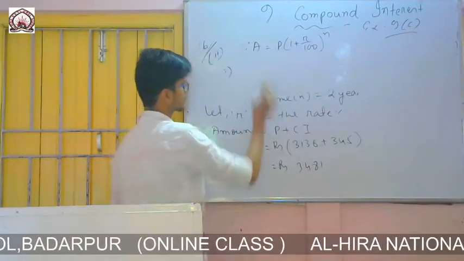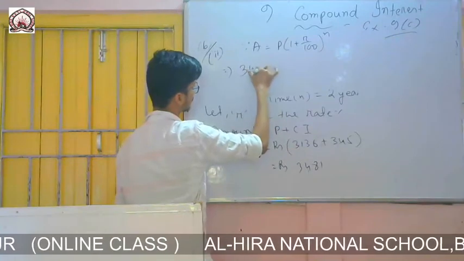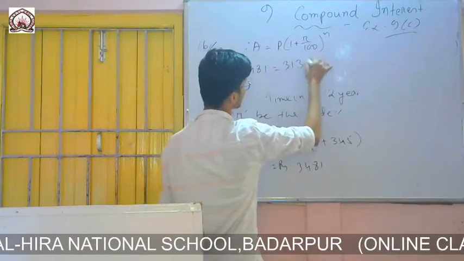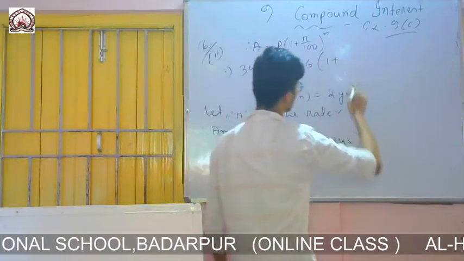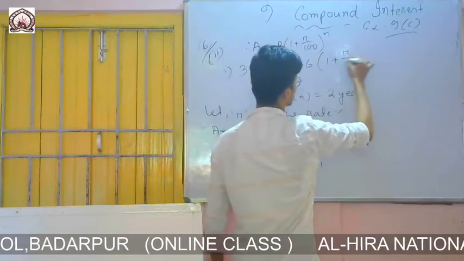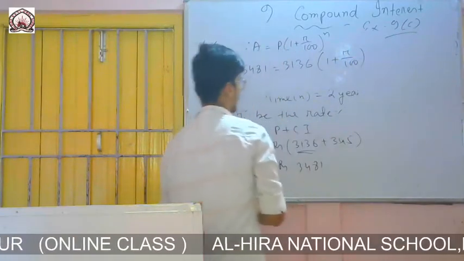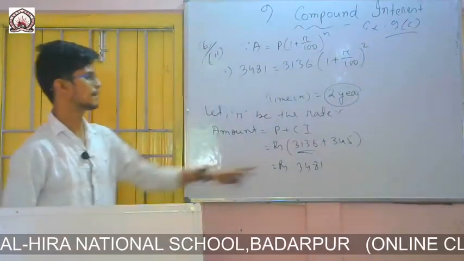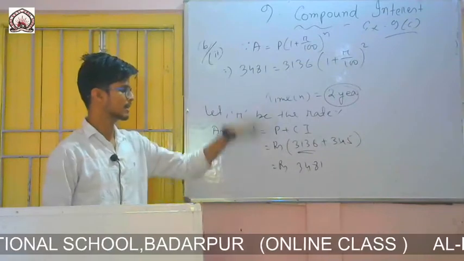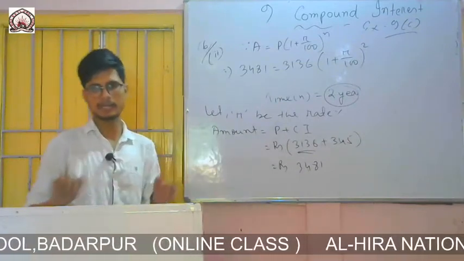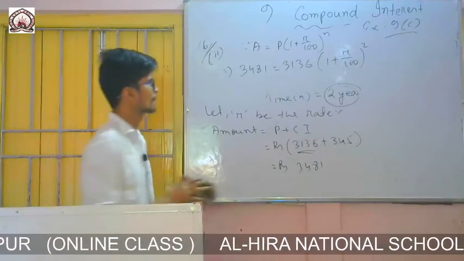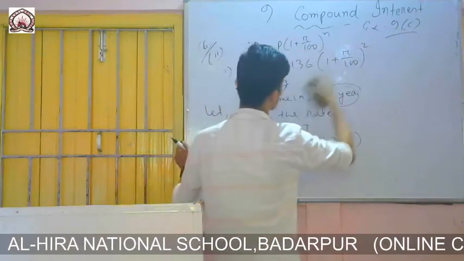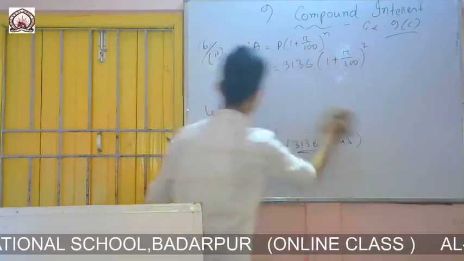Amount we know is 3481, principal is 3136, 1 plus rate, we don't know the rate so it is R by 100, and n is 2 years, so we'll write 2. We'll use this amount because if I directly put in the formula of CI it will be lengthy. If you want you can do it like this also, but it is the easy way. So simply I have put it here, 3136 into 1 plus R by 100 whole thing square.